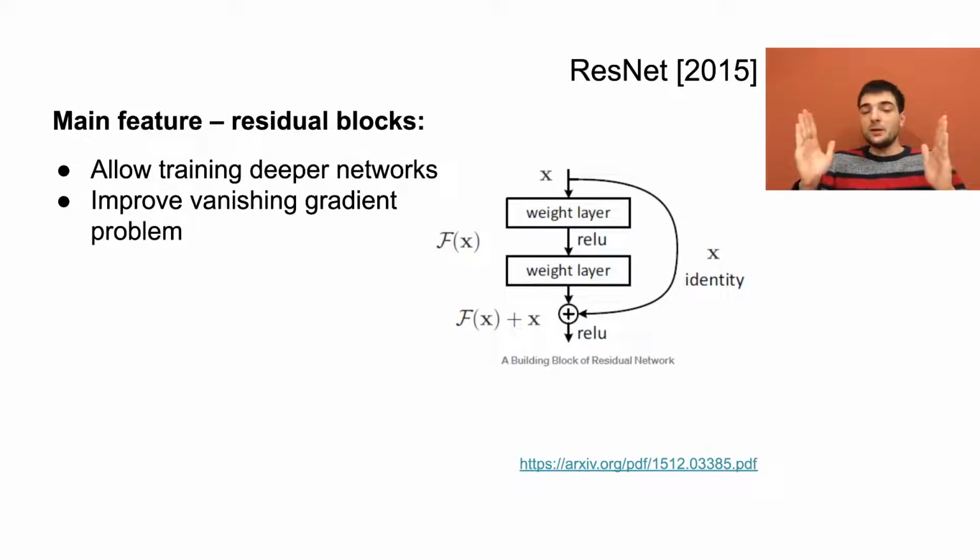So the deeper the network, the smaller the gradient is in general. But when we have this identity connection, the gradient will just bypass these transformations and will still be preserved. So the network will be able to train even if it's really deep.